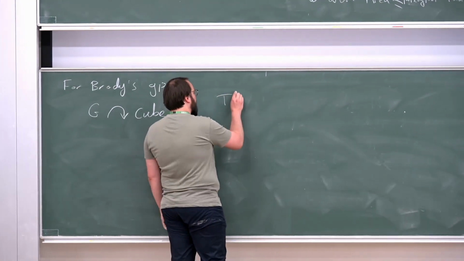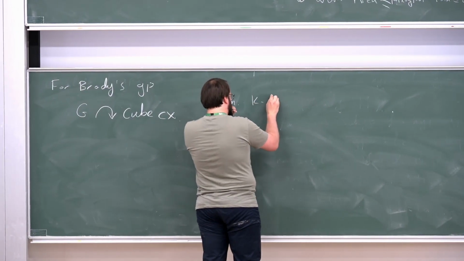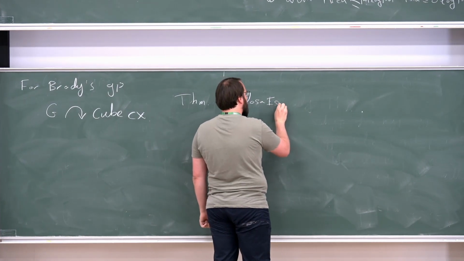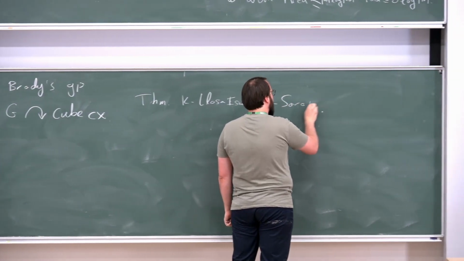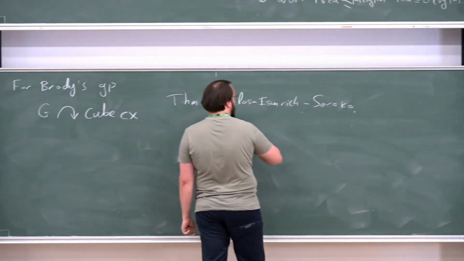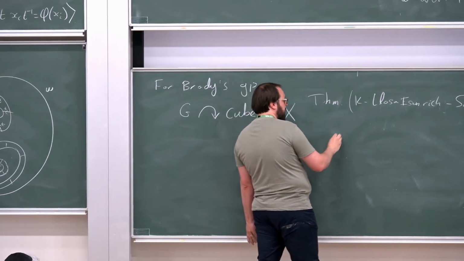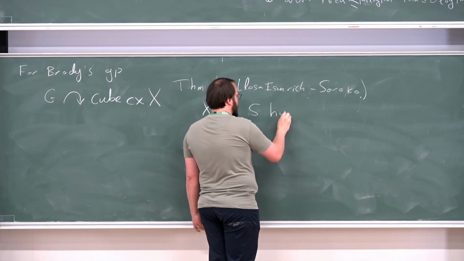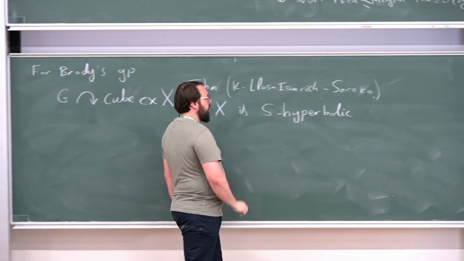So we were able to say that theorem, that the cube complex X is 5 hyperbolic. Okay?